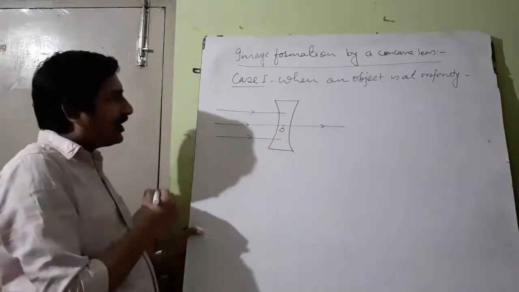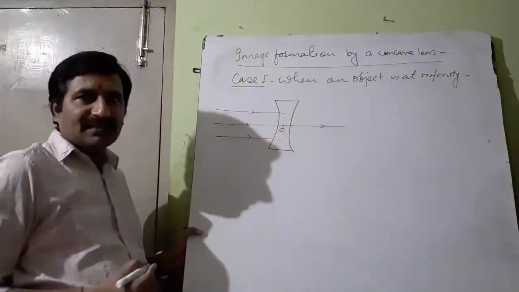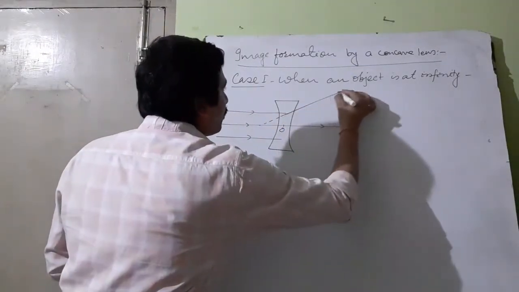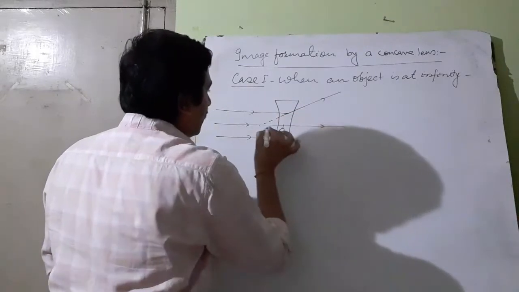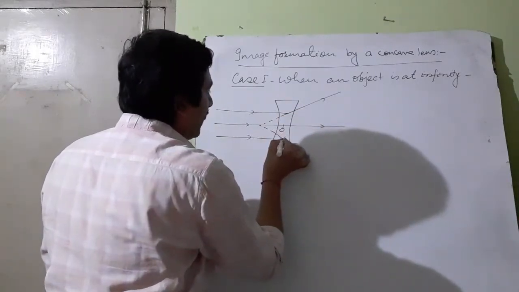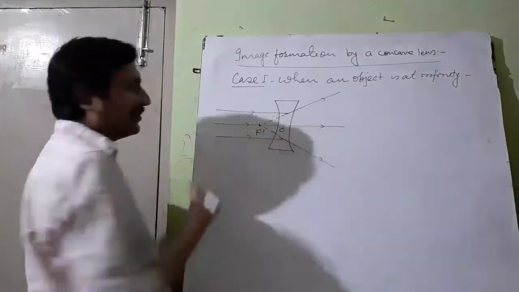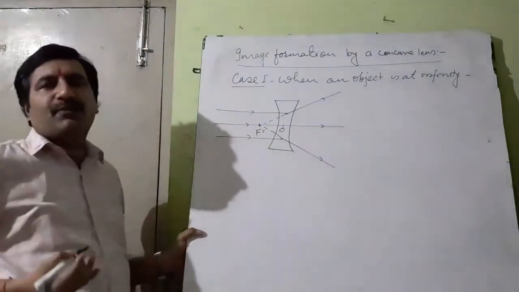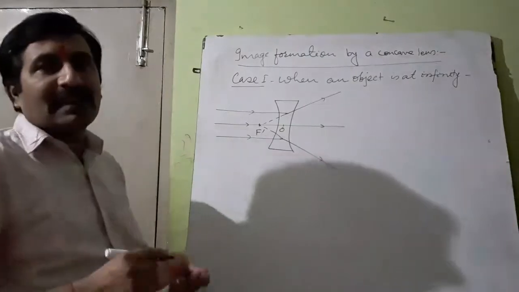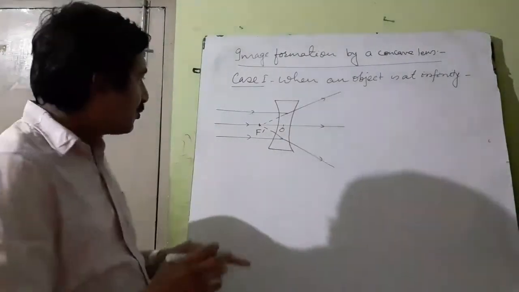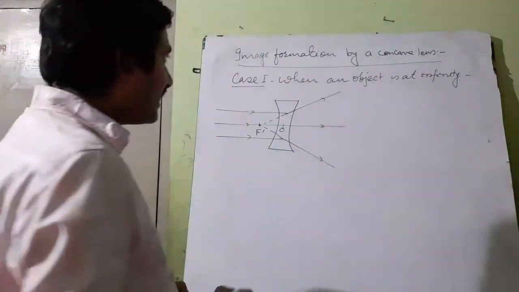The other two rays, which are parallel to the principal axis, deviate from their path and appear to be diverging from a point on the principal axis. This is called focus. Actually, this is the secondary focus, but I told you earlier that the secondary focus is the effective focus.